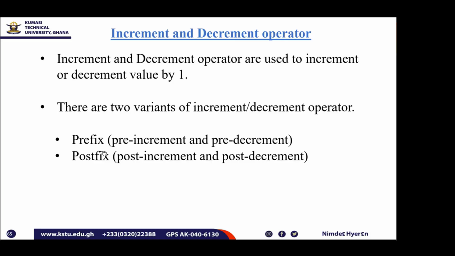So we have two variants of the increment as well as the decrement operators. For the increment, we have the pre-increment and then the pre-decrement. That is for the pre. And then we have post-increment and post-decrement.